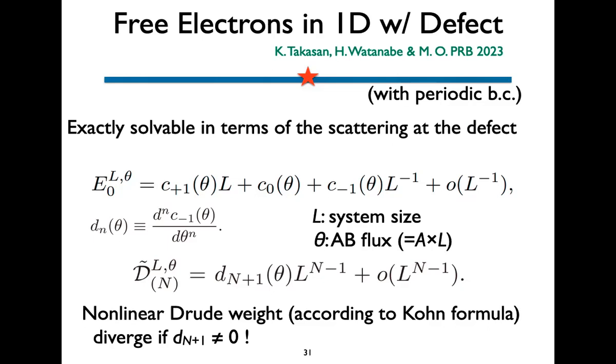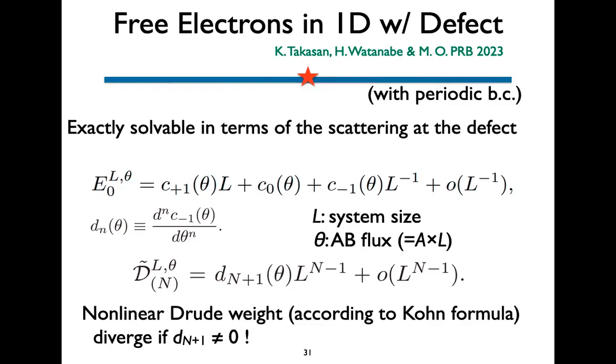Okay, so this is for a 1D system, but what I wanted to say is that this nth order Drude weight, in the Kohn Drude weight, is proportional to this derivative of this coefficient with respect to Aharonov flux, but you multiply with the system size to the power of n minus 1. So if you consider linear response, n is 1. So there is no factor.